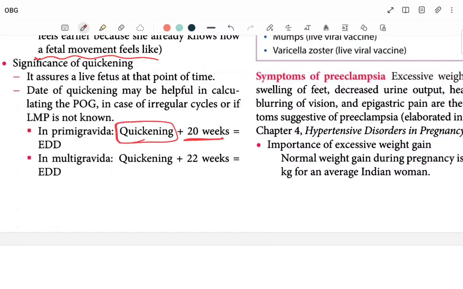In primigravida, quickening plus 20 weeks will be your expected date of delivery. In multigravida, quickening plus 22 weeks will be your EDD.